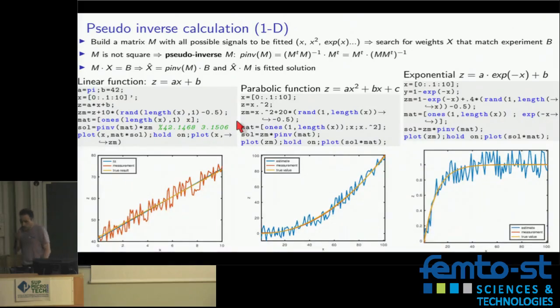And so what Roger Penrose and others did in the 1960s is that they created the concept of the pseudo-inverse. I find it has really changed my life since I discovered the pseudo-inverse.